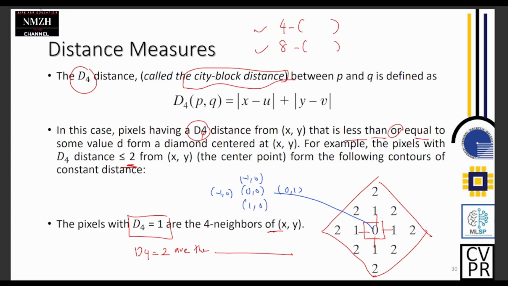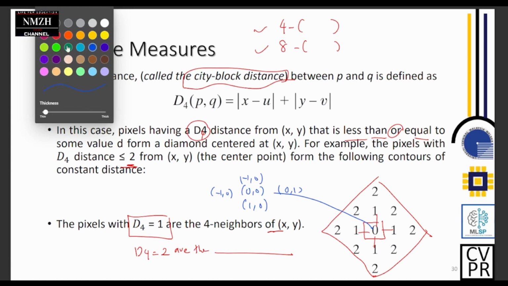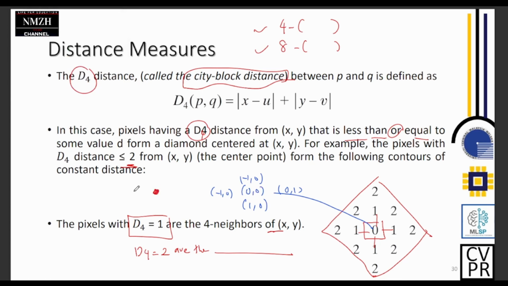To get 1, imagine we have this pixel, this pixel, this pixel, transposing the location. Based on D4 for P and Q, we subtract them.